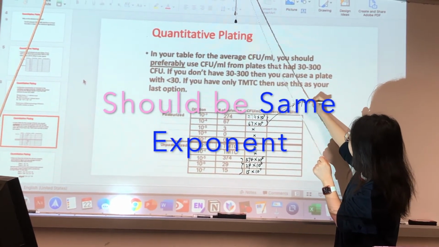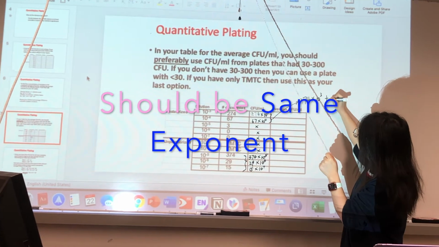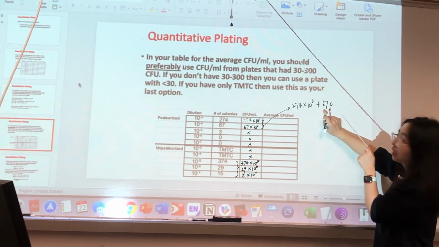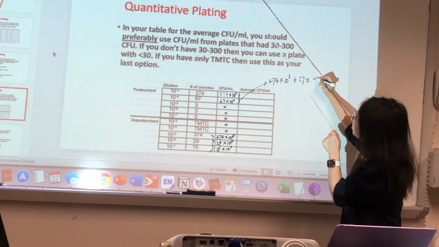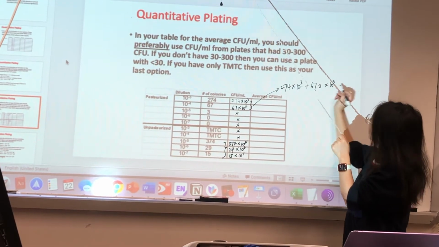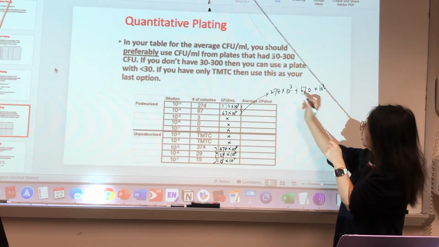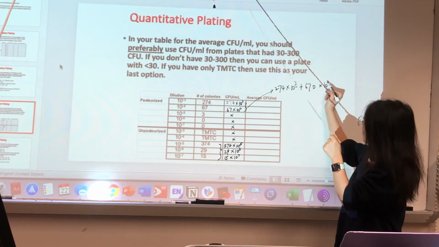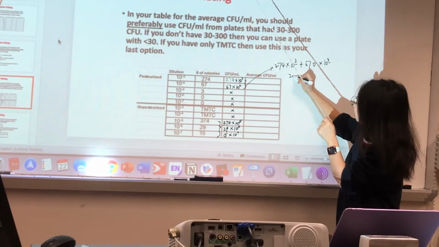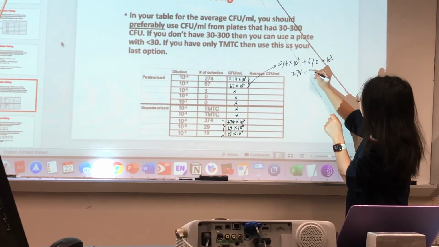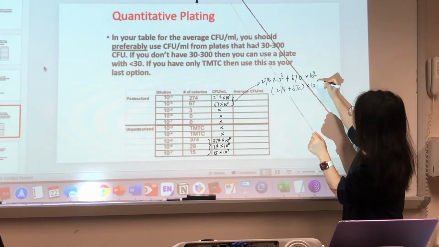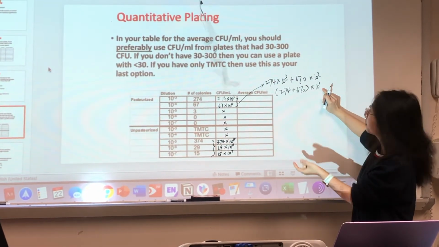Probably here it is 5. Add up to 670 multiplied by 10 to the 3. So they are in the same notation. As long as they are the same, I'm okay to directly add these two numbers together and multiply by the 10 to the 3 like this.